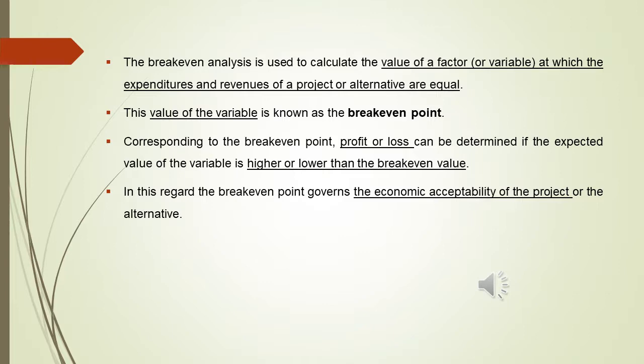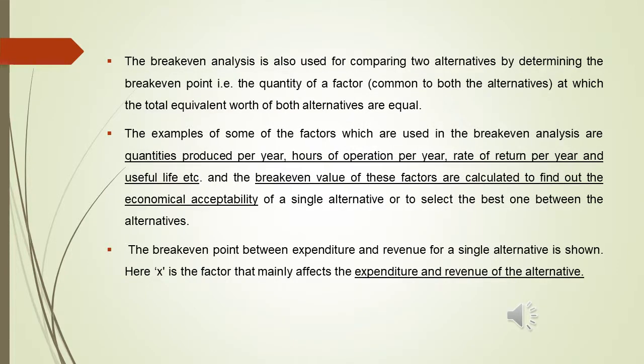Next, the break-even analysis is also used for comparing two alternatives by determining the break-even point. That is the quantity of the factor at which the total equivalent worth of both alternatives is equal. While drawing the diagram, while making the graph, in case the expected value of x is lesser than the break-even value, alternative 1 is selected.